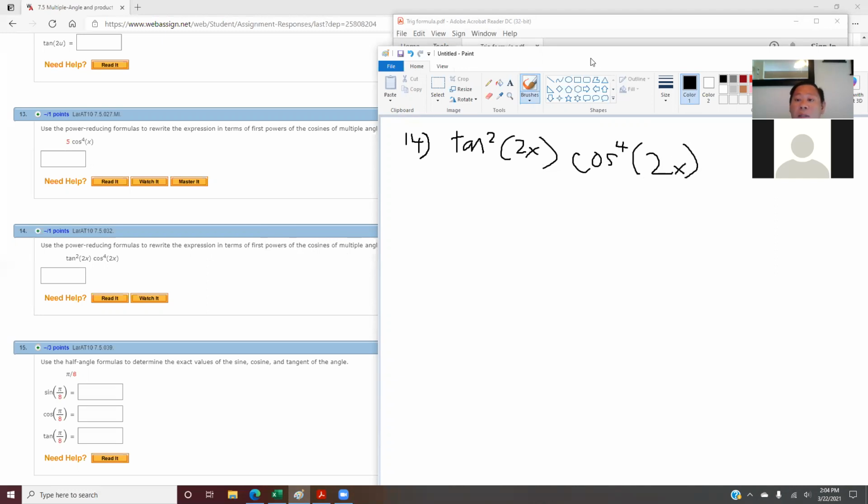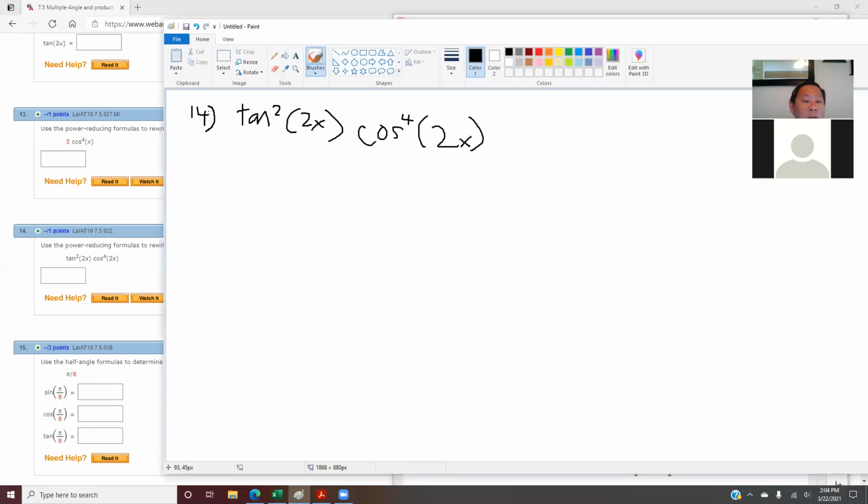What we do in this case is, the first thing is we can reduce this before we use the power reducing formula, because tangent is sine over cosine. So it's sine 2x over cosine squared 2x, and then the cosine to the 4th of 2x is still the same.